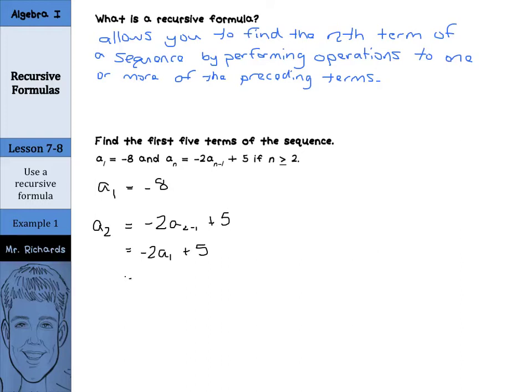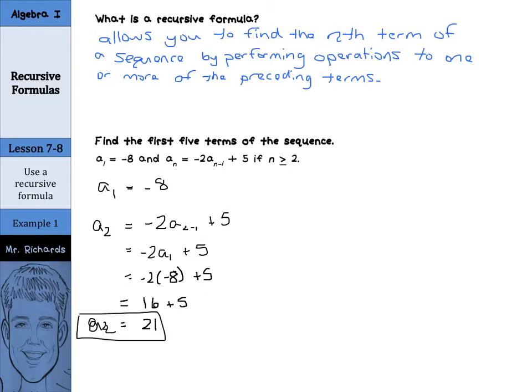So we're basically going to put our first term, which is -8, in for a1. So -2 times -8 plus 5. Well, -2 times -8 is 16, and plus 5, well, that's 21. So our second term is 21.